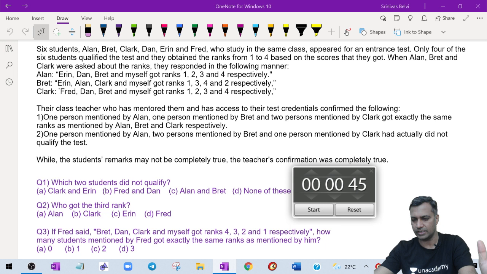The idea is not that. The idea is getting started. How do we approach?